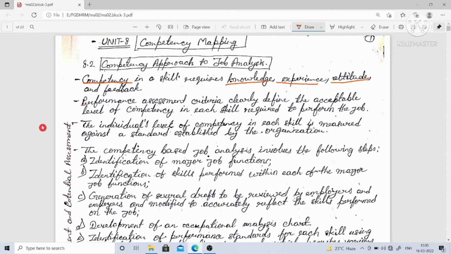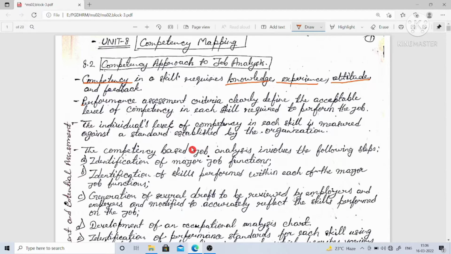Performance assessment criteria clearly define the acceptable level of competency in each skill required to perform the job. Means what should be the level of competency for each skill required to perform the job.